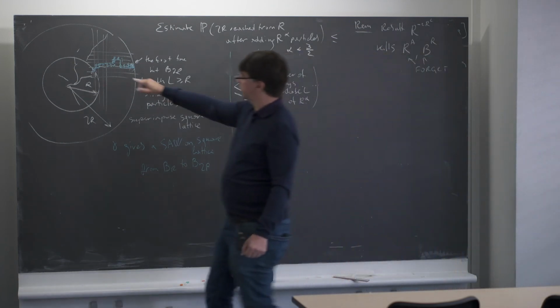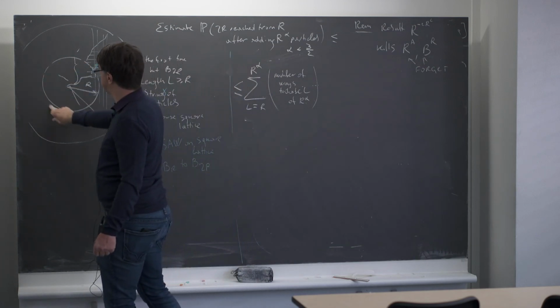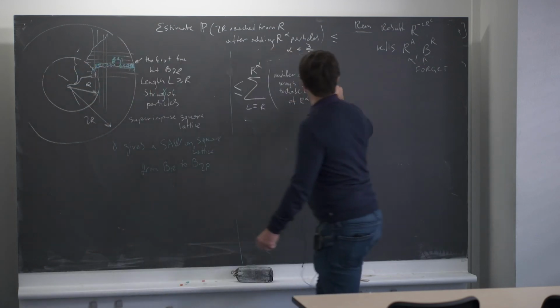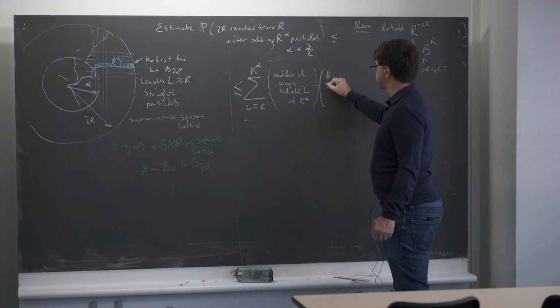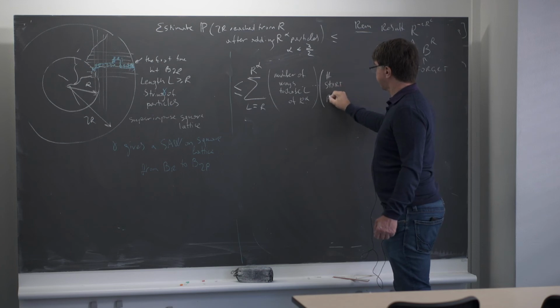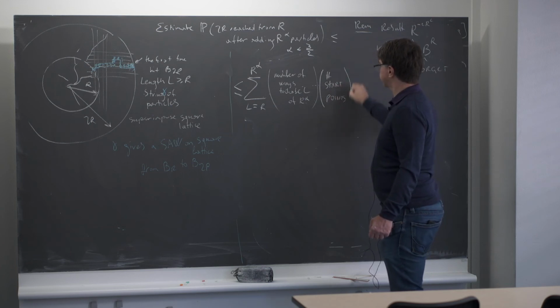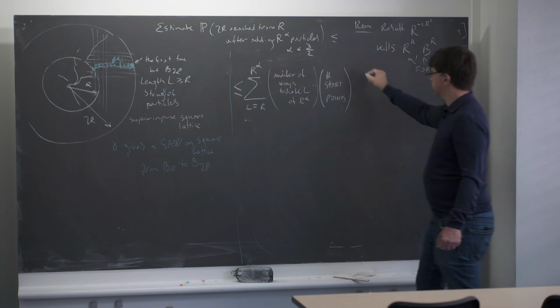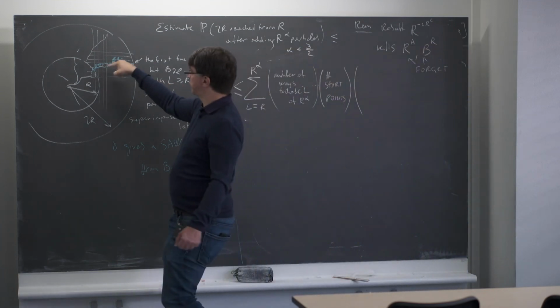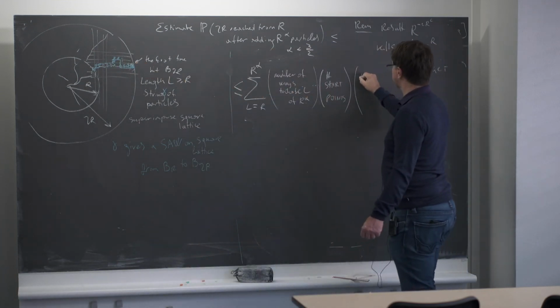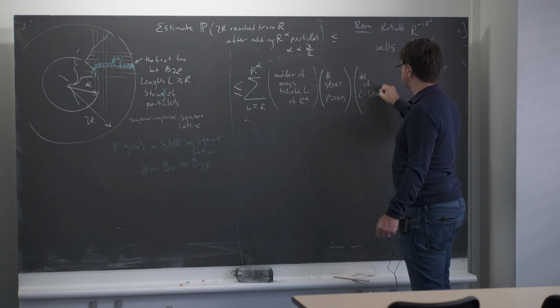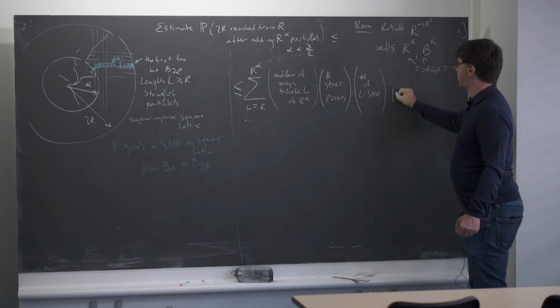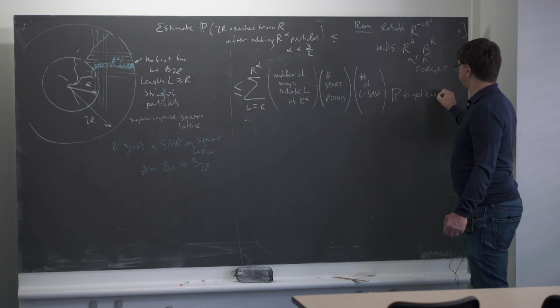Then we can start at different points on the circle, so the number of start points. Then the number of self-avoiding curves of length L. And the rest is the probability to get exactly gamma.